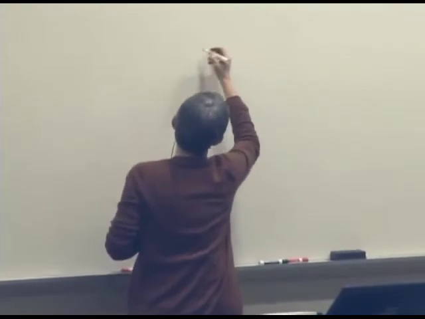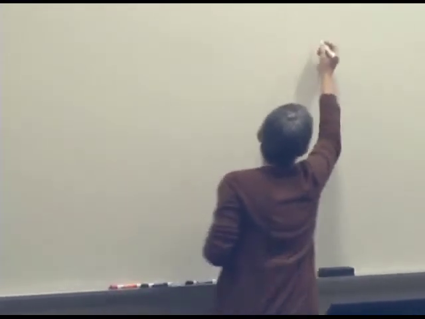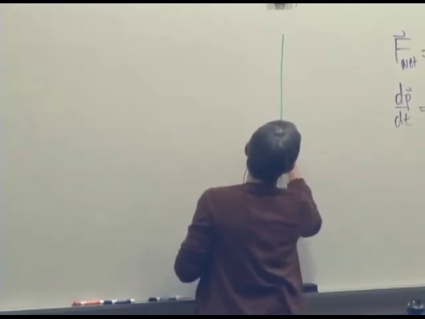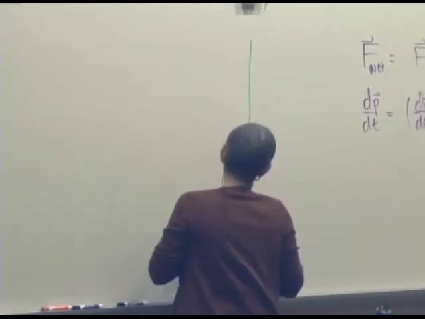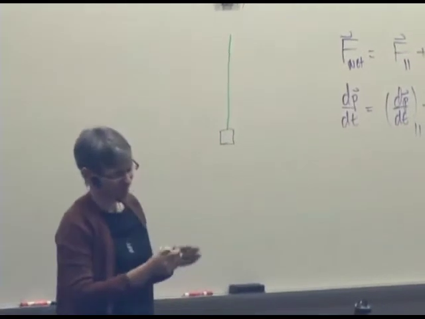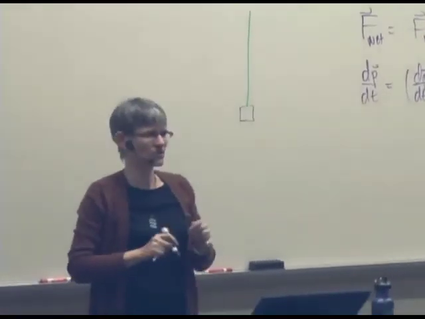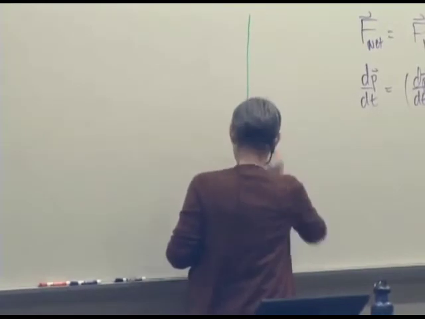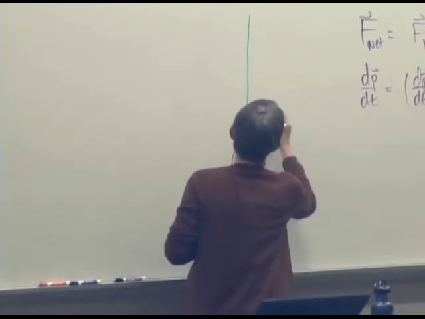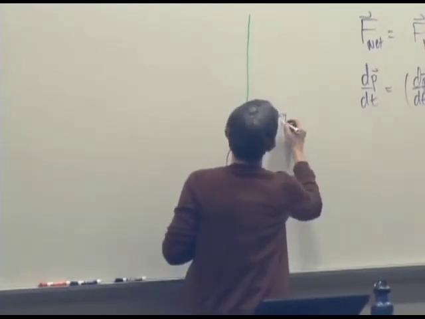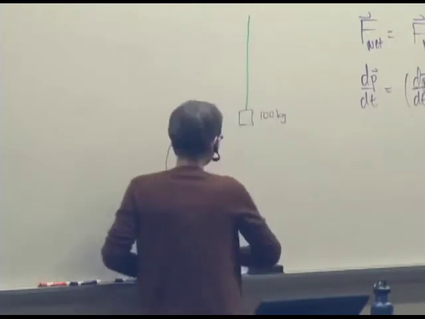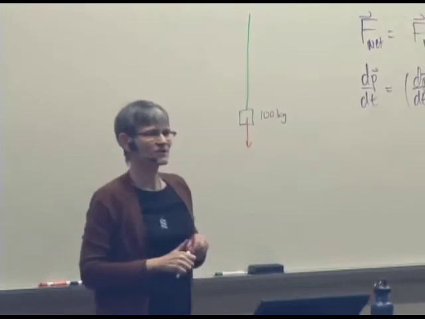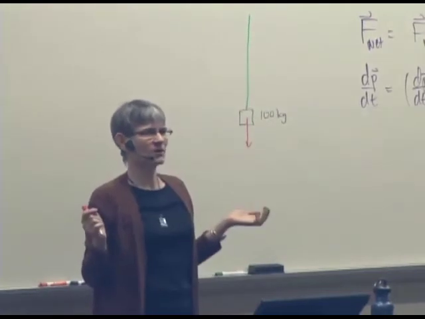So here's Tarzan hanging from a vine. And for simplicity, let's say Tarzan's a big guy, so his mass is 100 kilograms. All muscle, absolutely. And so the gravitational force downward on Tarzan is what?